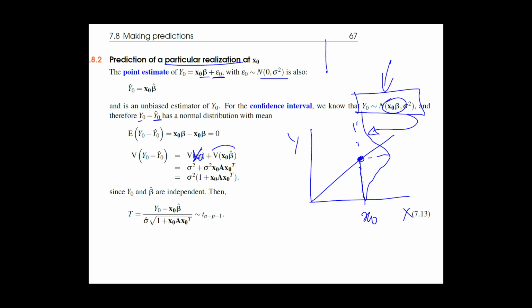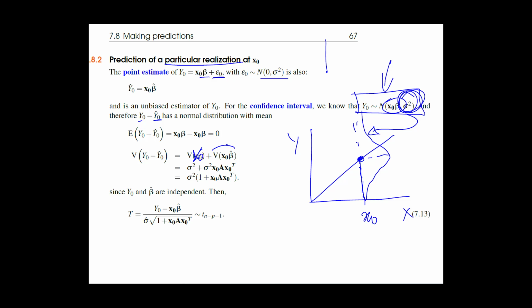That's the assumption of linear regression models: the mean of the values is the regression line, and the variance is always sigma squared. That's why the variance of Y naught here is sigma squared. The second term is the variance of the regression line, which we saw in the last section.